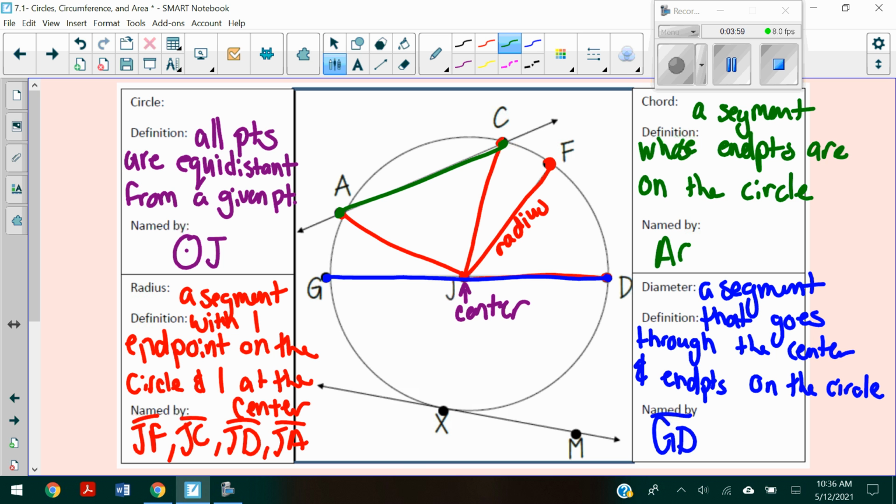Okay. Your diameter is your longest chord in your circle. So some circle basics terms for you. So let's go ahead and identify these on the next slide.